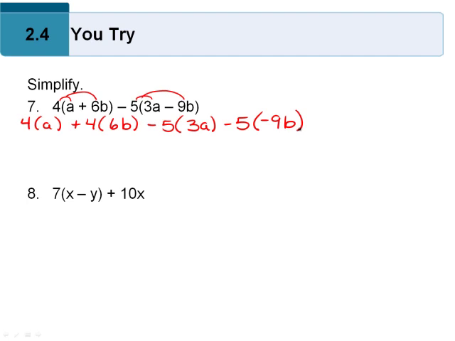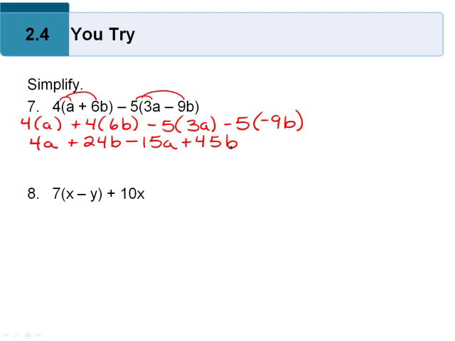Okay, now we multiply. So 4 times A is 4A. 4 times 6B is going to be a positive 24B. And then negative 5 times 3A is negative 15A.